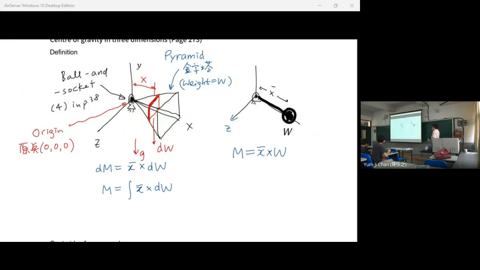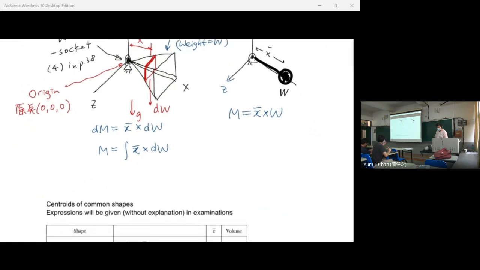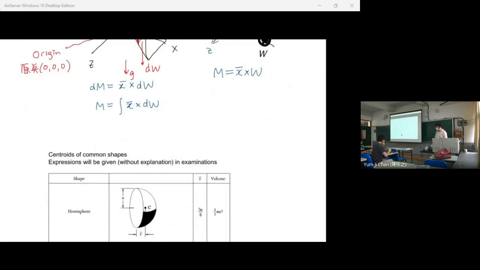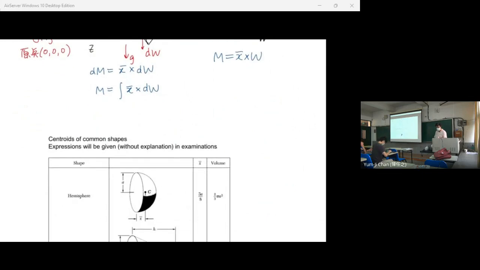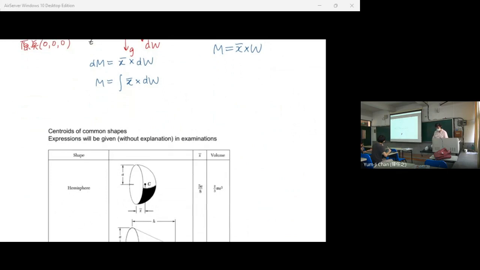Now, for 3D problems, I don't need you to memorize the location of centroids, but I will give you equations without explanation.